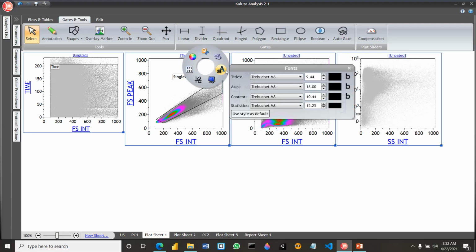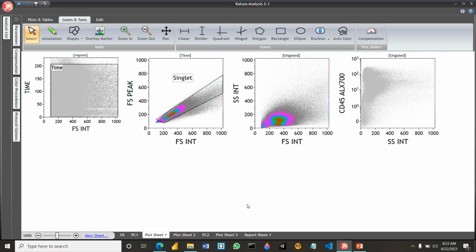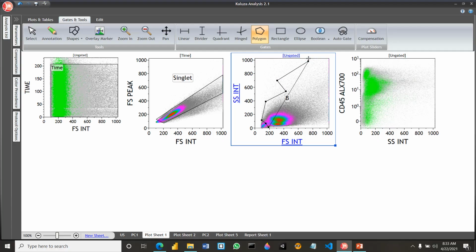I'll just increase the size of the gate so that everybody can see. So time gate, singlet gate, and this is the viability gate. On side scatter versus forward scatter, we can see there's a few debris here and the rest of the cells, so we can apply a forward scatter, side scatter based gate where we exclude the cells which are very small, using the viability gate.